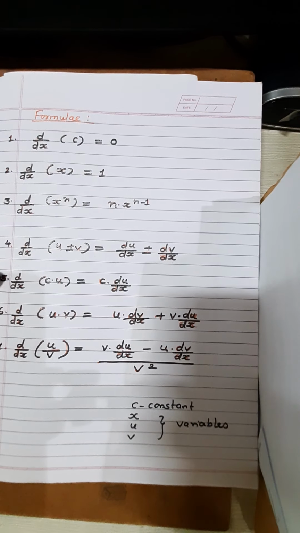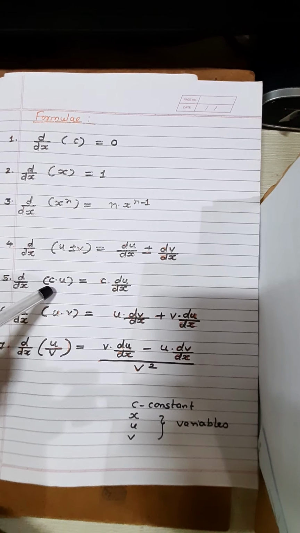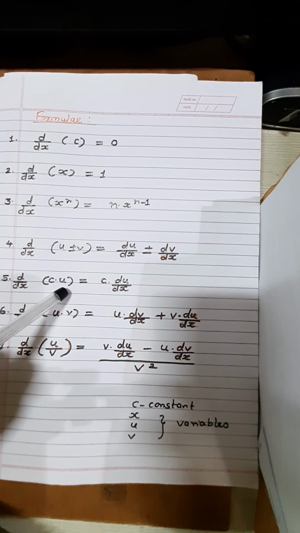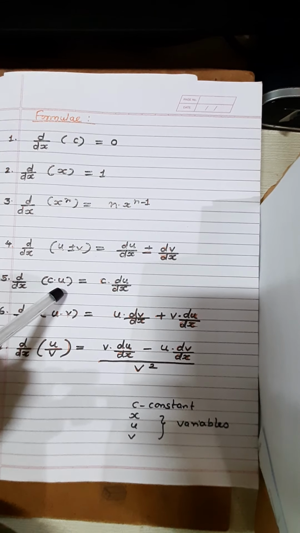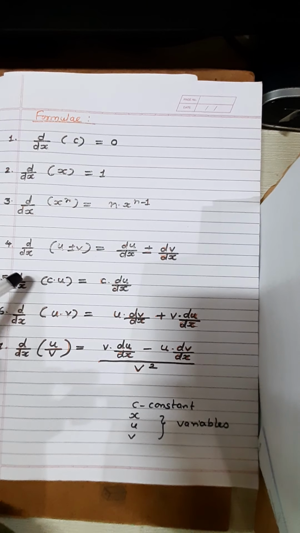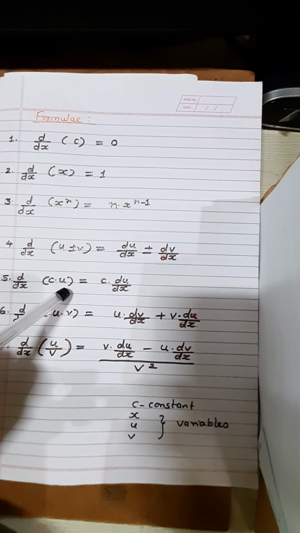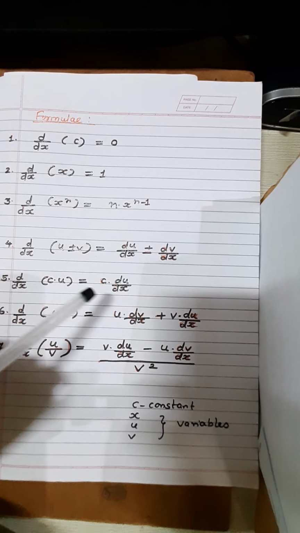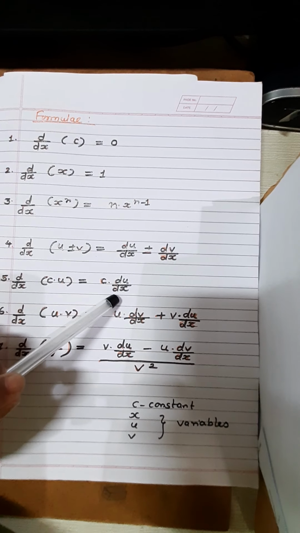The fifth formula is when any constant is multiplied to any variable, which could be x, which could be u, which could be v. So d dx of constant into that variable, for that we will take the constant out and du by dx.